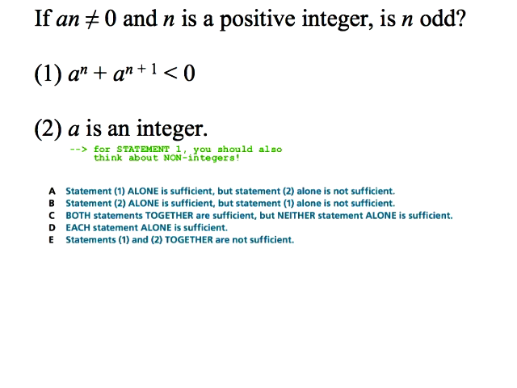This is something we can factor if it helps us. You don't have to, but you can pull out an A to the N and just see what comes of it. If you pull out an A to the N, then that gives us 1 plus A.